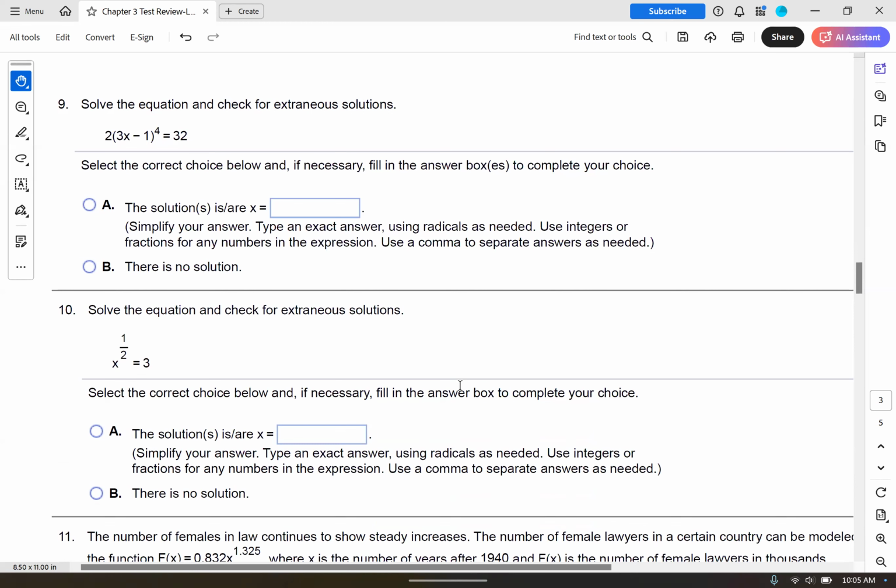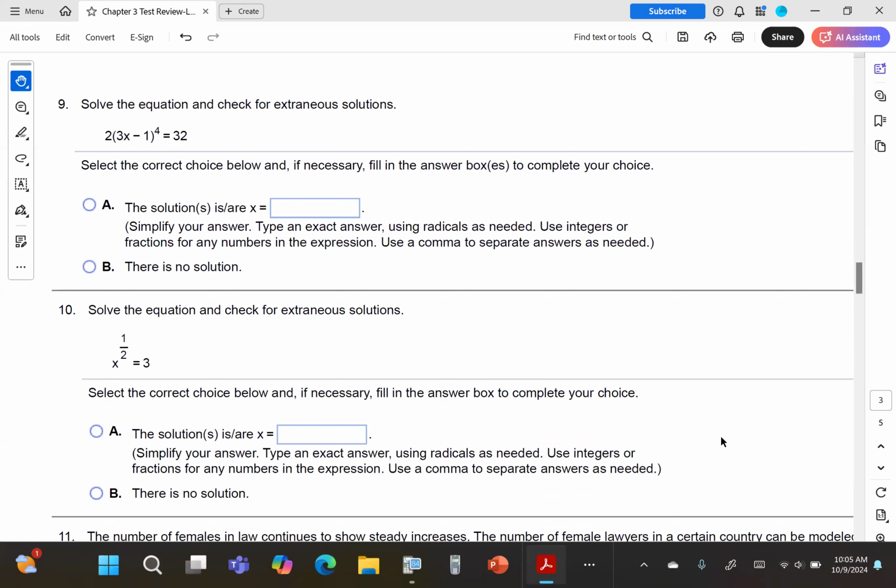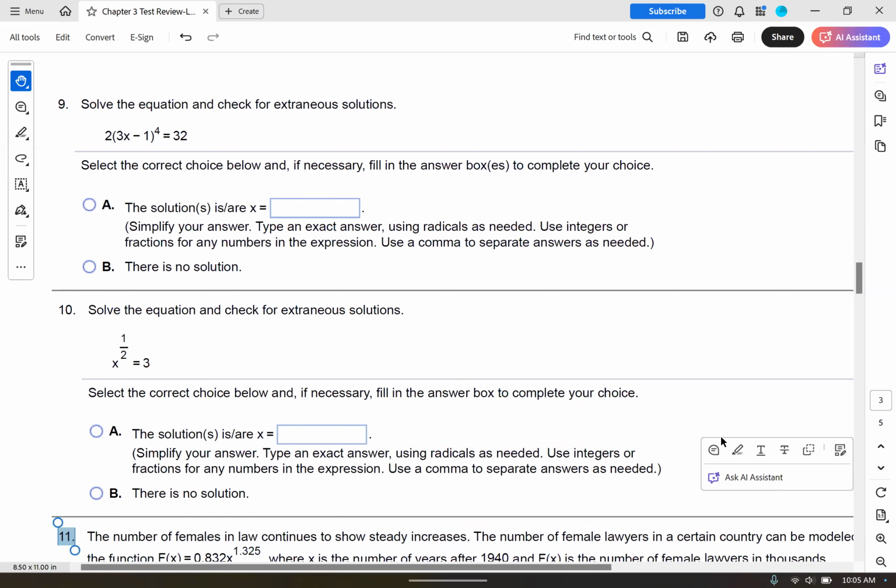All right, so we're going to solve 2 times (3x minus 1) to the 4th power is equal to 32. So how in the world do we do this? Do you remember? You were the only one here. How do you do it? Nope, too much work. Way too much work. What do you think? You could.